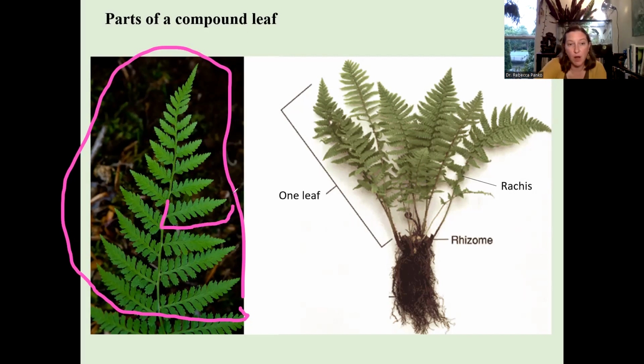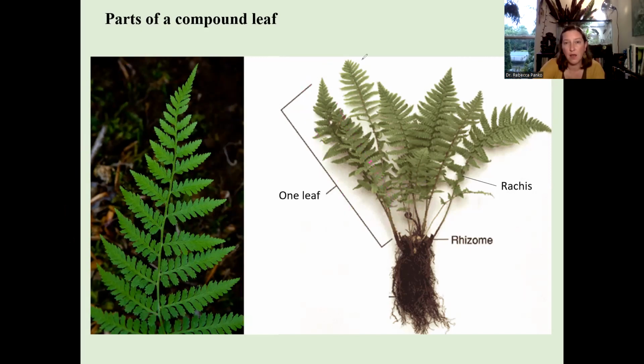And so all these other smaller components are basically leaflets, although we have a better word to describe them in the ferns. But I just want to make it clear that this whole big thing is one leaf. Look, one leaf, one leaf. Example of a compound leaf. I think we have it on the next slide, but no, I guess not.